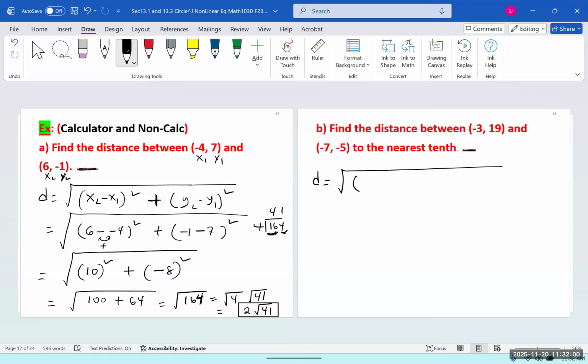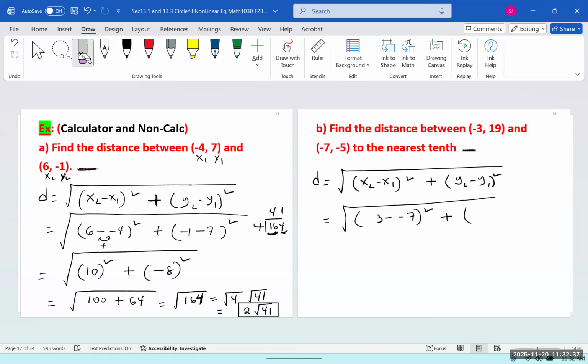For the x, guys, what minus what squared? x2 minus x1 squared plus y2 minus y1 squared. So in our scenario, what minus what? No, we're doing x, right? Negative 3 minus minus 7 squared, no problem. And then?